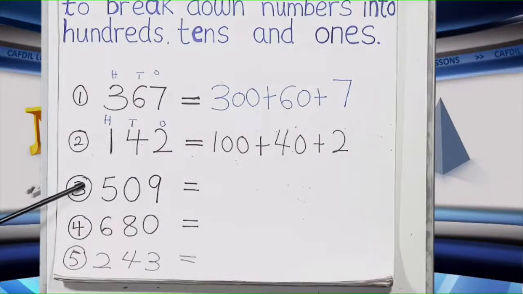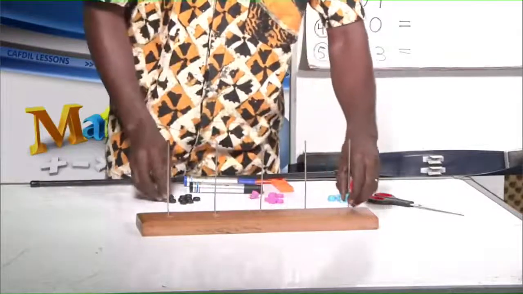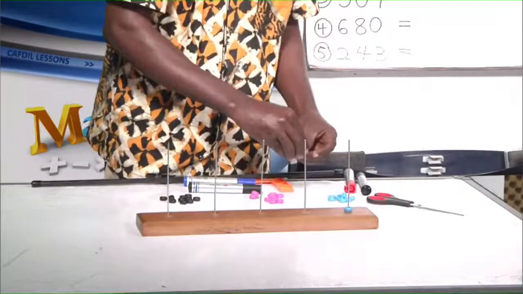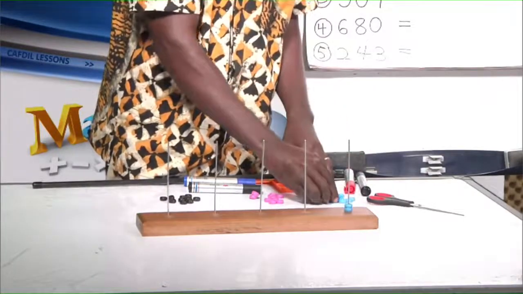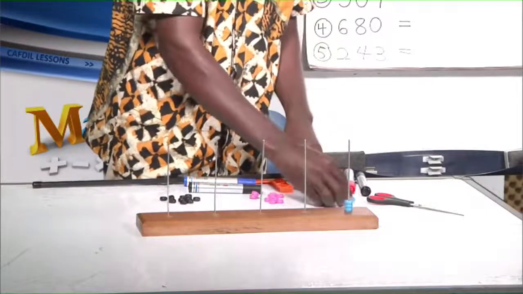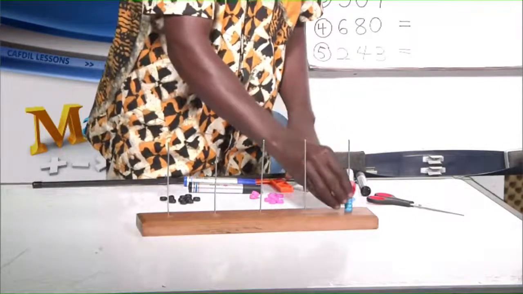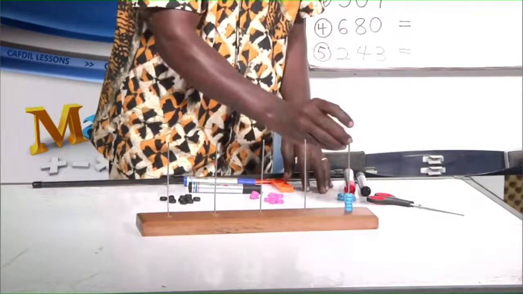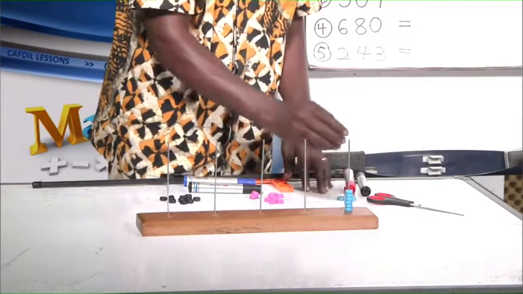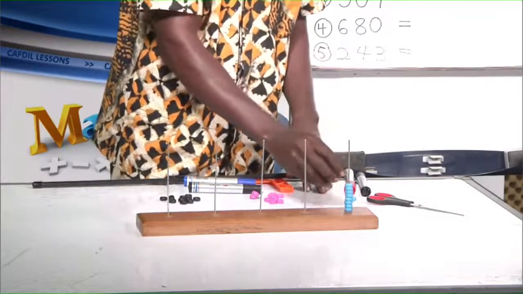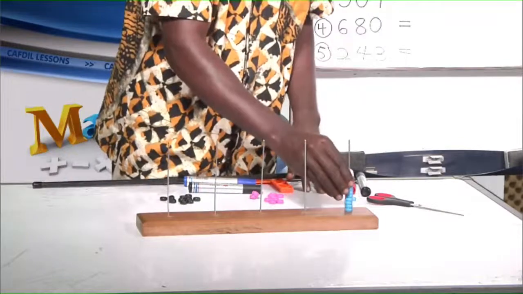For number 3, under the ones column, we have 9. So let's count our 9. 1, 2, 3, 4, 5, 6, 7, 8, 9.